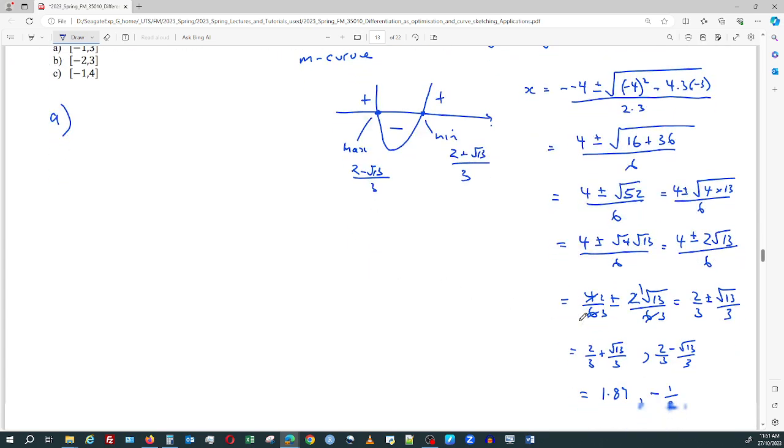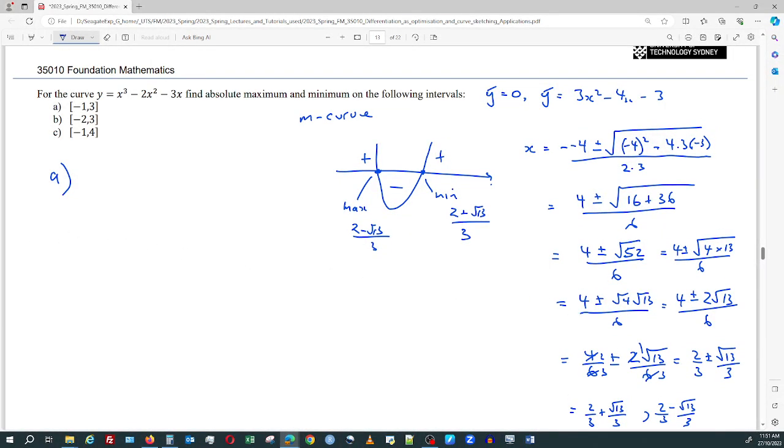So if we put the x value in for those, so it's just a little bit of having to put our values in to our original function.